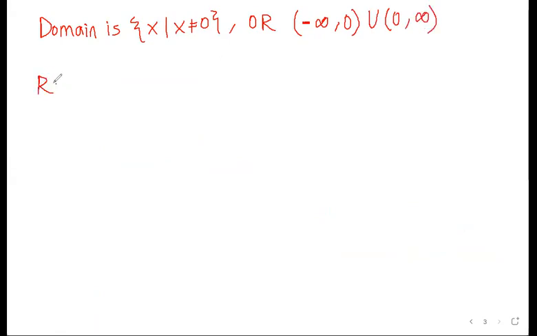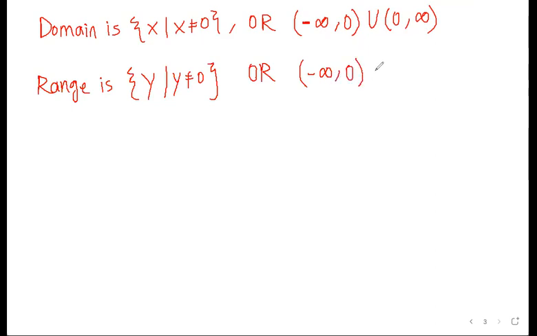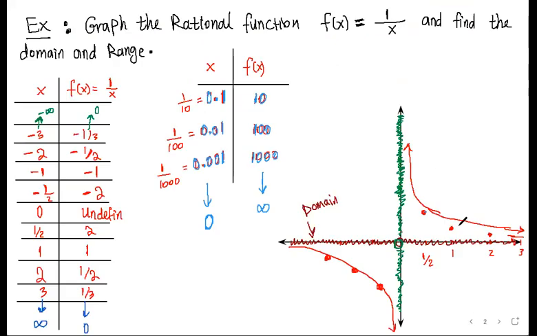The range, exactly the same, is y such that y is not equal to 0, or from minus infinity to 0, union 0 to infinity. So this is the range and the domain for this function. Any questions so far?